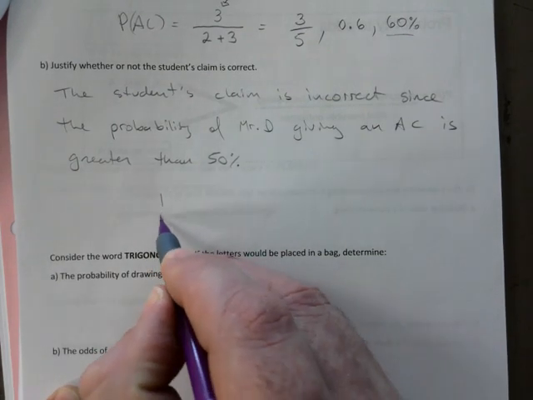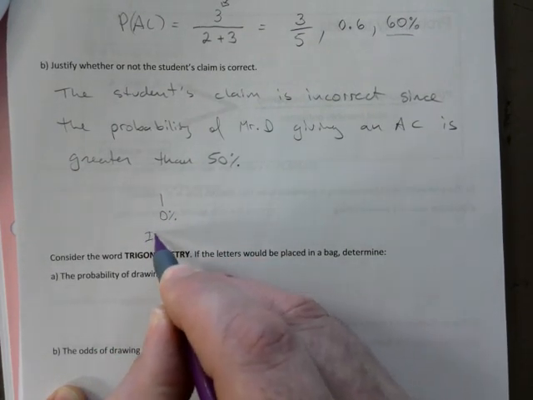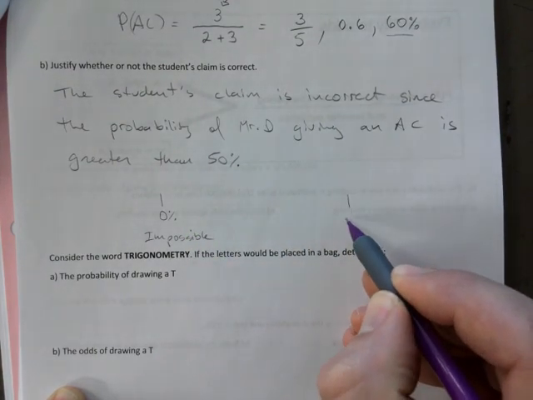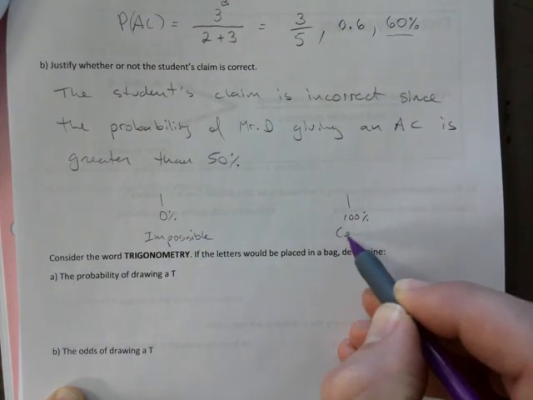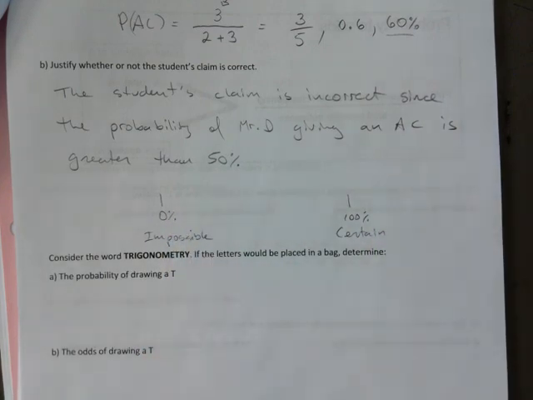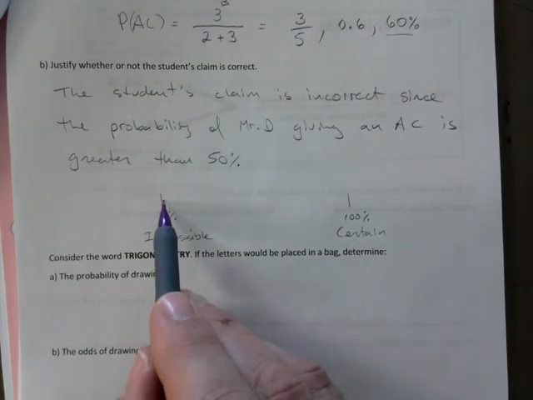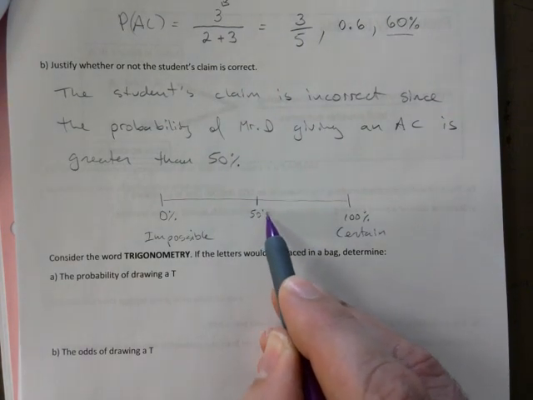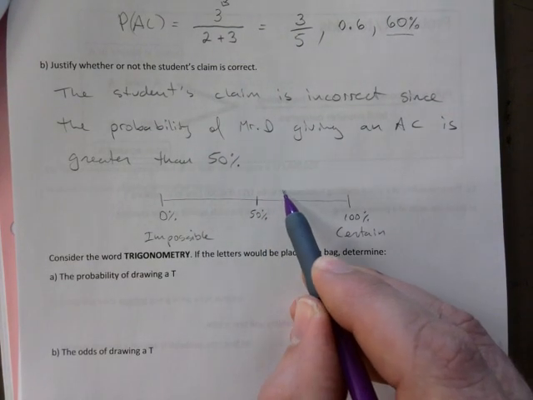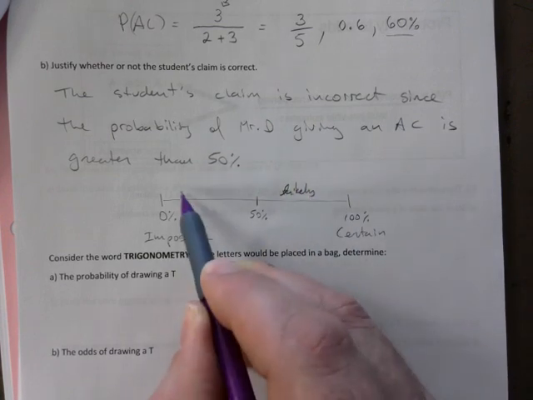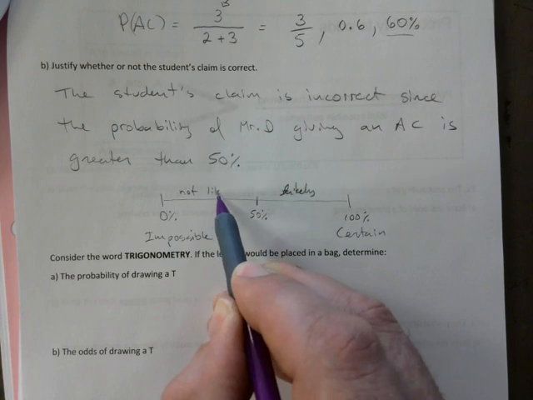So 0% is impossible, 100% would be certain. Anything in between, this would be obviously 50-50, and anything here is likely, and this is not likely.